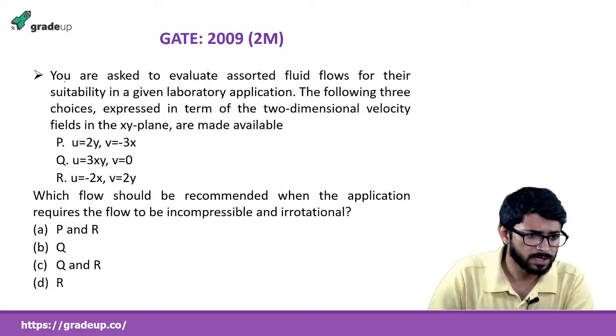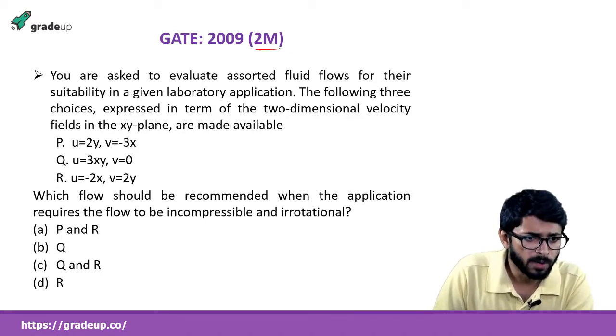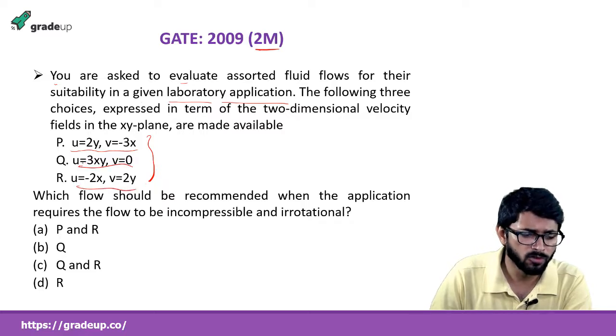Another question is asked here for 2 marks. It states you are asked to evaluate assorted fluid flows for their suitability in a given laboratory application. The flow field is given with u and v as velocity components in the x and y directions.